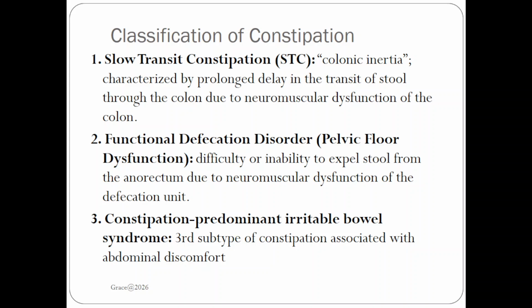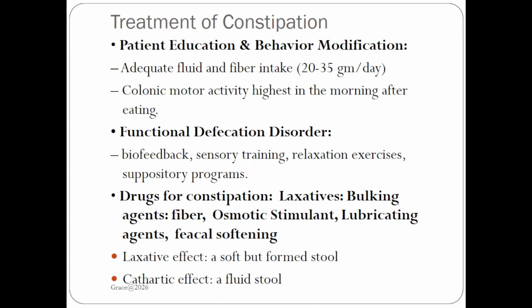Functional defecation disorder, or pelvic floor dysfunction, is a difficulty or inability to expel stool from the anorectum due to neuromuscular dysfunction of the defecation unit. Constipation-predominant irritable bowel syndrome is a third subtype, associated with abdominal discomfort.